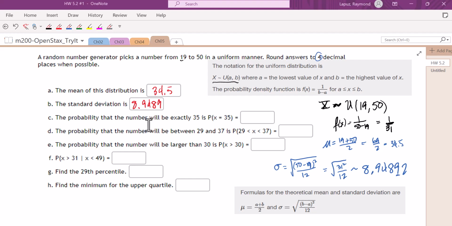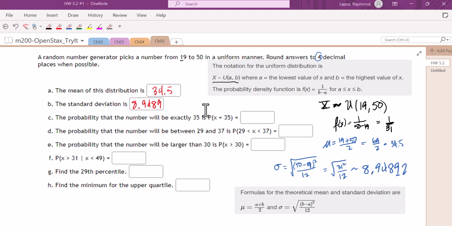Now we're looking for probabilities that are exactly a value or between numbers. If you have a continuous distribution, whether it's uniform or normal or whatever other continuous distribution you run into, and they're looking for the probability that x is exactly a particular value, that will not have any area.